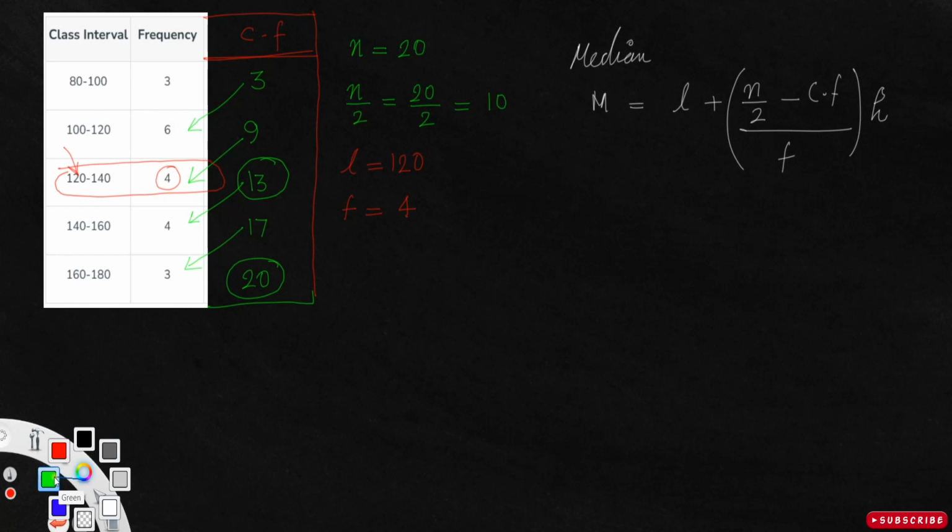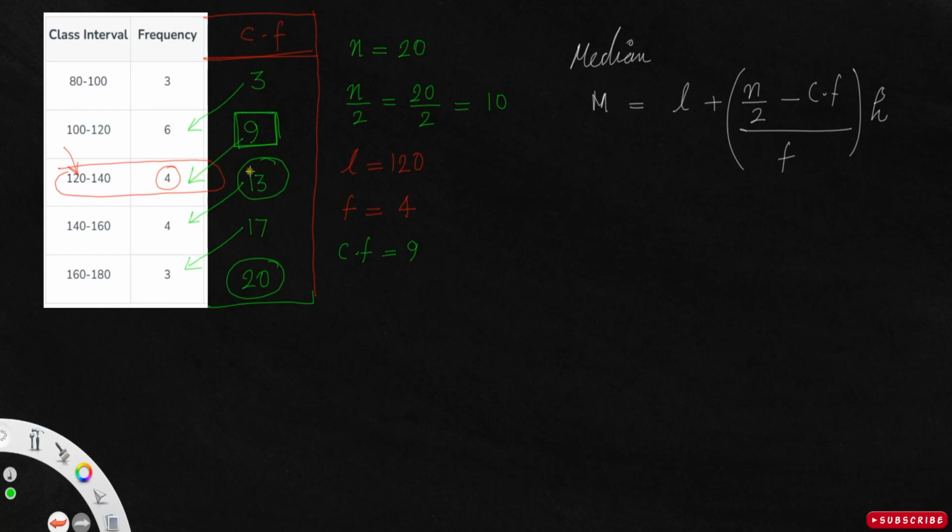And as I said before, the cumulative frequency is the one just below the median class, that is just behind the 13. Okay, so this one is the cumulative frequency. So Cf is equal to 9. Again, this 13 is not the cumulative frequency.